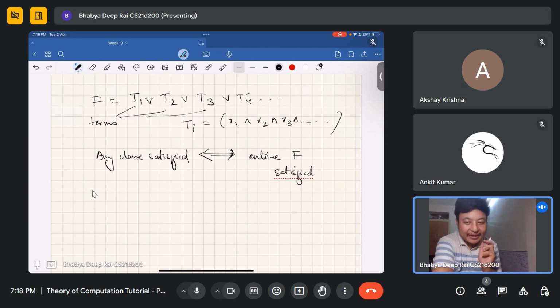If I satisfy any of these terms, my entire formula is satisfied, right? Because of the property of OR, even if one of these Tis is satisfied, then my entire formula is satisfied.